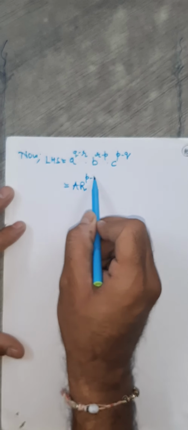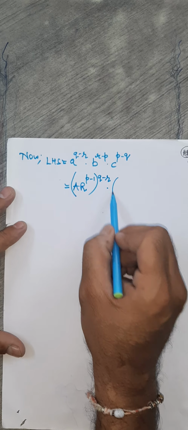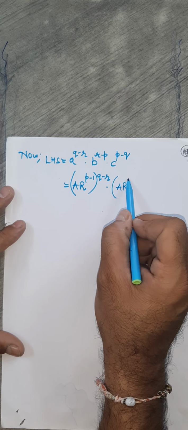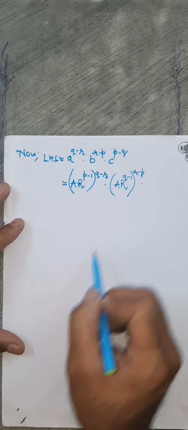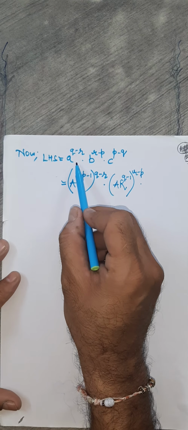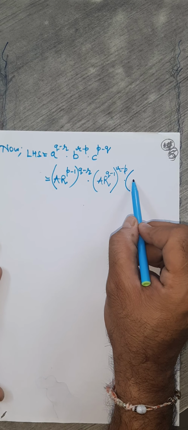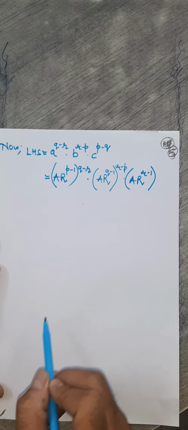That is A into R raised to p minus 1 the whole raised to q minus r, into what, small b? That is A into R raised to q minus 1 the whole raised to r minus p. What I did, I have just placed the values of a, b and now c. What is c here? C is nothing but A into R raised to r minus 1.